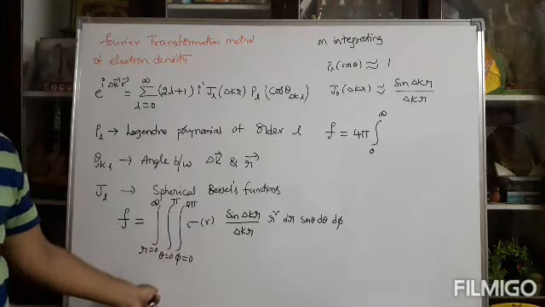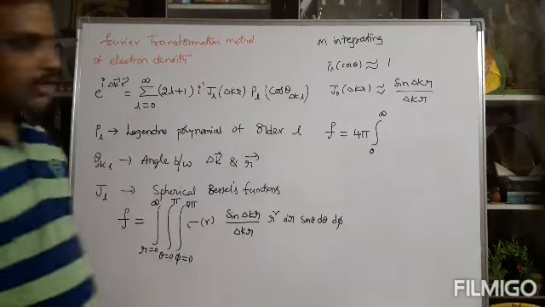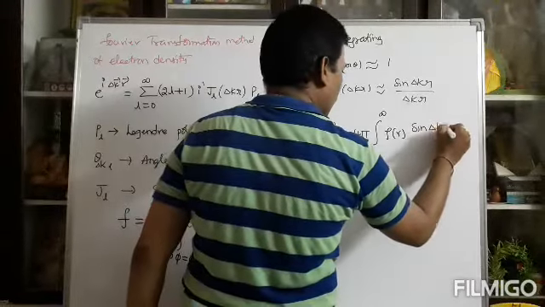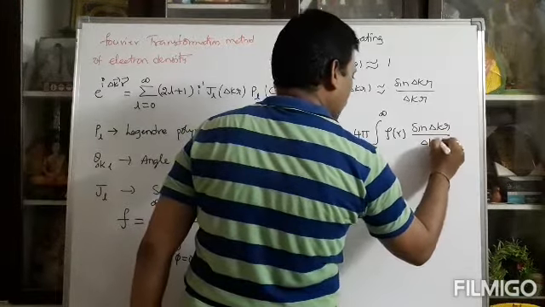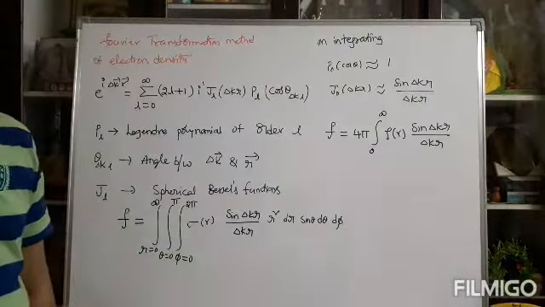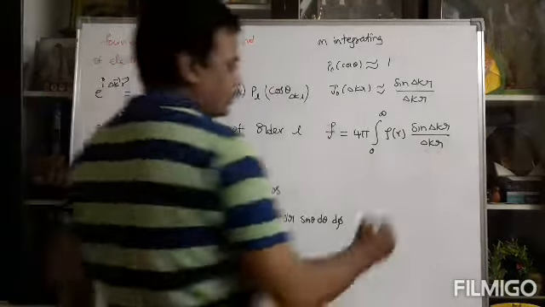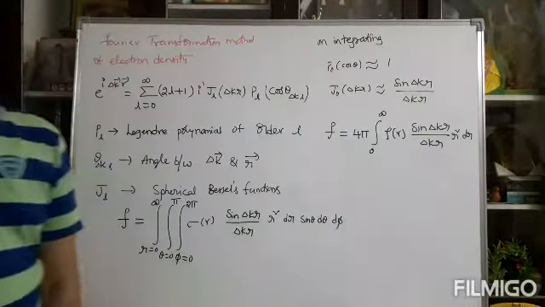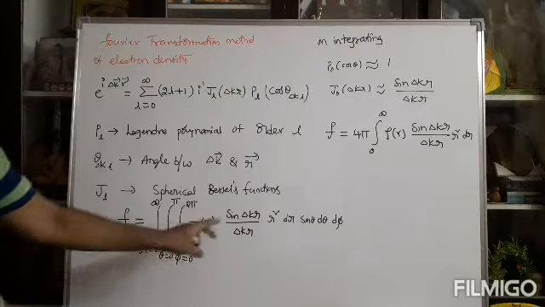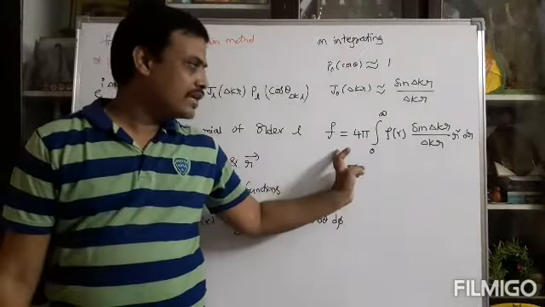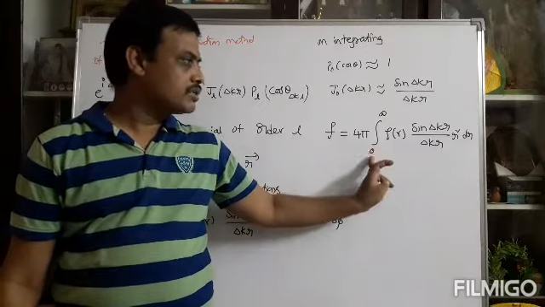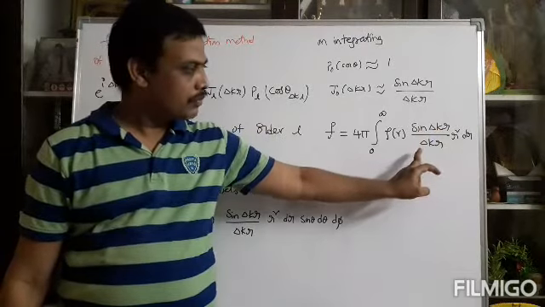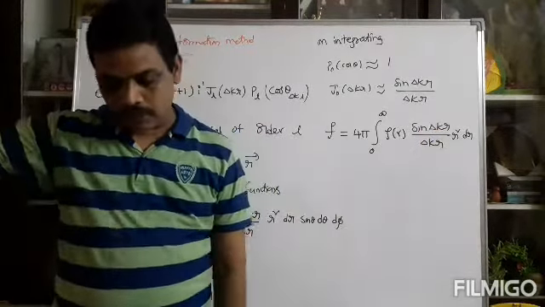On integrating over theta we get 4 pi into the integral of rho of r into sine delta kr by delta kr into r square into dr. So calculating the two integrals, finally you get the form factor value F is equal to 4 pi into integral 0 to infinity rho of r into sine delta kr by delta kr into r square into dr.